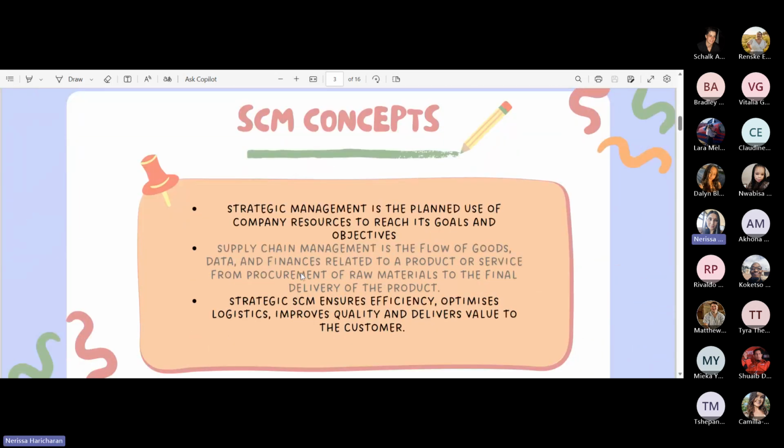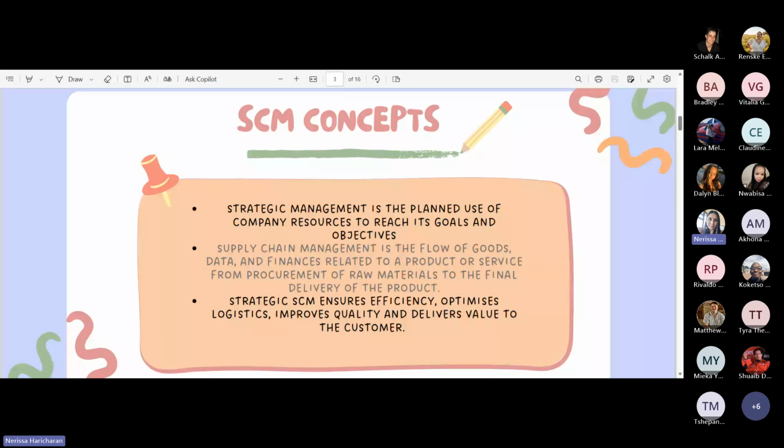Okay. So firstly, just looking at some of your supply chain concepts. The first one is strategic management. Strategic management is basically how you look at formulating or just the implementation of long-term goals that top management tends to make in a business, whether it's for a 3-year period. A lot of corporate companies look at a 3 to 5 year goal setting or goal objectives for the business. And that's what they try to achieve, set out by different outcomes within the business.